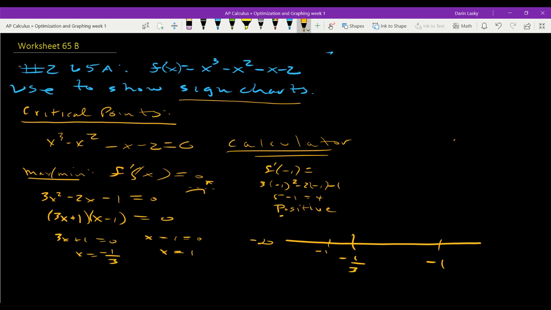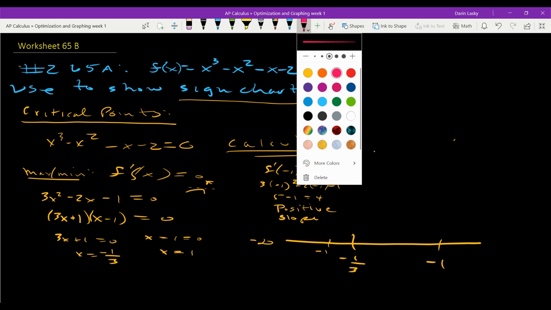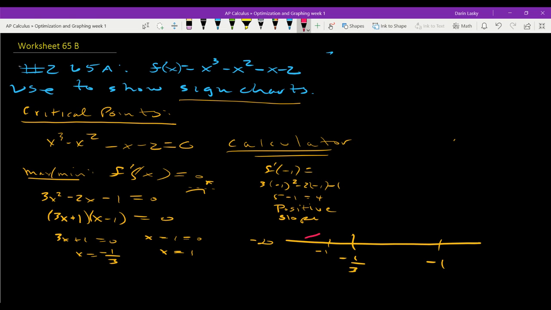It's a positive slope. So we know between negative infinity and negative 1/3, I have a positive slope. So it's going to be going up. So it's increasing from negative infinity to negative 1/3. That's what's happening. It's increasing, positive slope.